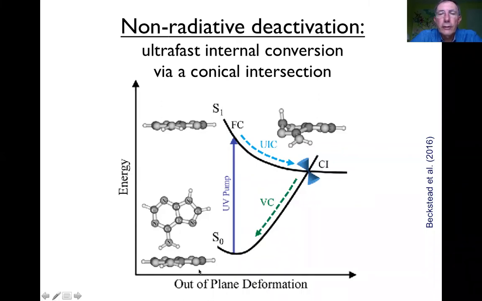So you pump to S1, and somehow, miraculously, the ground state and the singlet excited state actually intersect somewhere in the landscape of the diagram. And you very quickly go back down to the ground state by vibrationally cooling yourself with respect to the water.